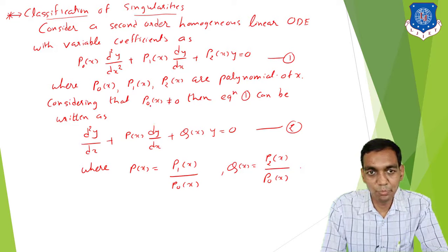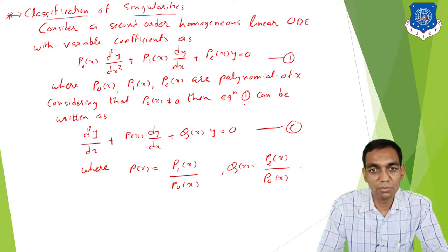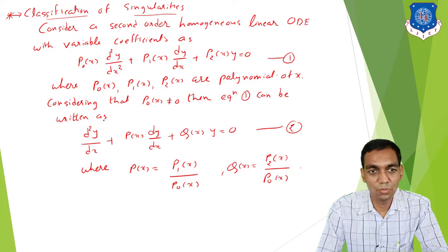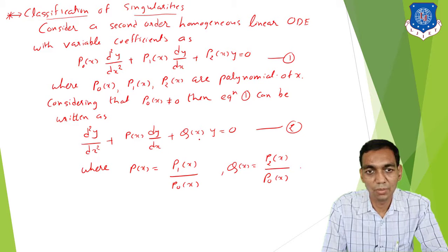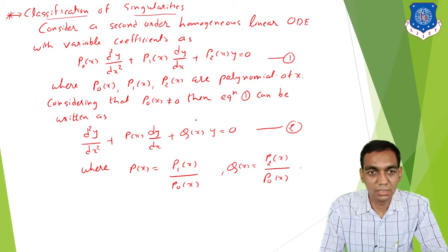Considering that P0(x) is not equal to 0, equation 1 can be written in the form d square y by dx square plus p(x) into dy by dx plus q(x) y is equal to 0. Correct? In that case, p(x) is nothing but p1 upon p0(x). In the same manner, q(x) is nothing but p2(x) upon p0(x).